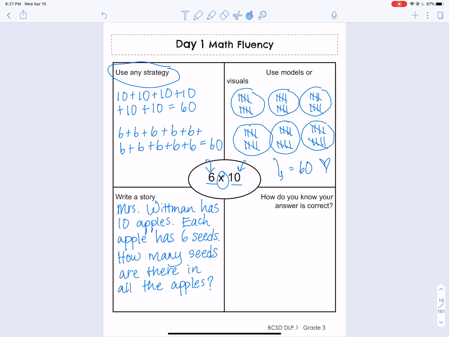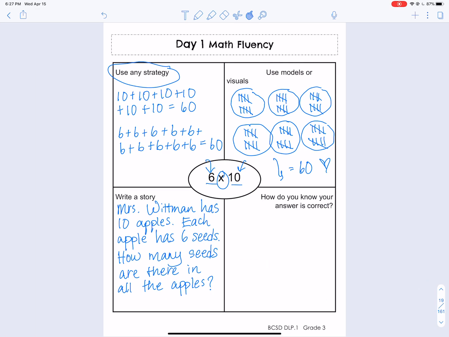Or you could say something like, I know my answer is correct because when I add the number 10 6 times, it adds up to 60. Or I know the answer is 60 because when I skip count by 10 6 times, I know the answer is 60. Any way that you want to say it, as long as you're using words and you're writing it in a complete sentence, that's fine. So that's exactly what I'm going to do right now.